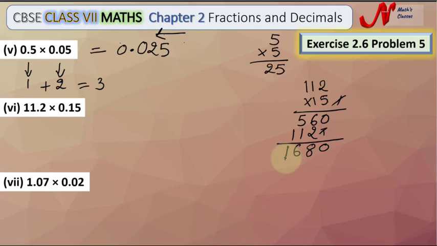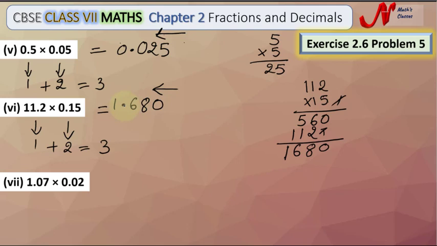We get the product 1680. So in 11.2 we have 1 digit after the decimal point. In 0.15 we have 2 digits after the decimal point. Together we have 3 digits after the decimal point. So in the product, from right to left, we keep the decimal point after 3 digits.